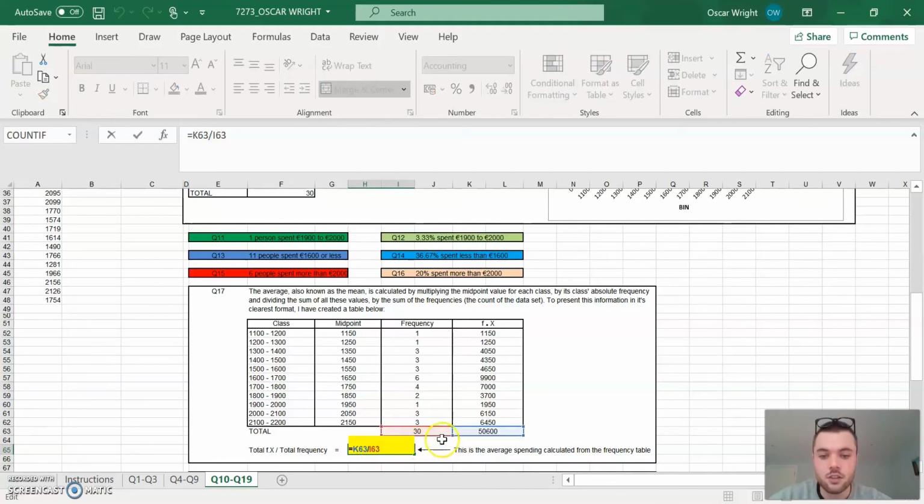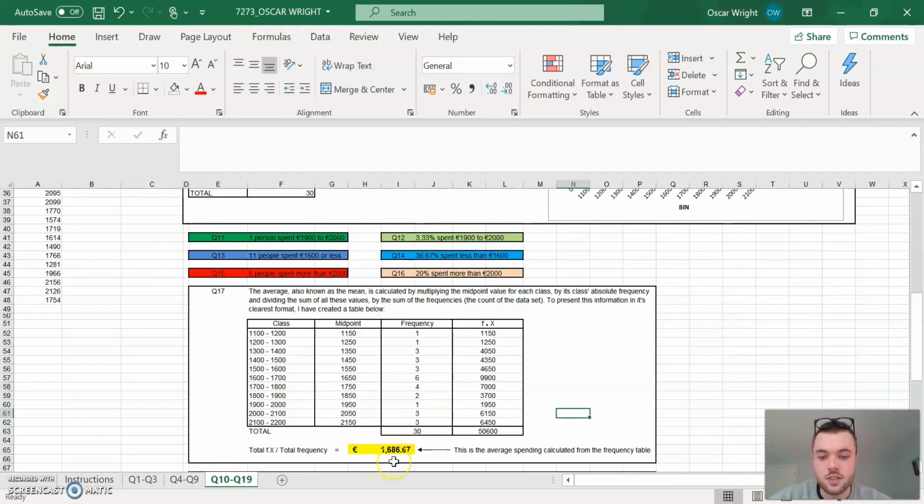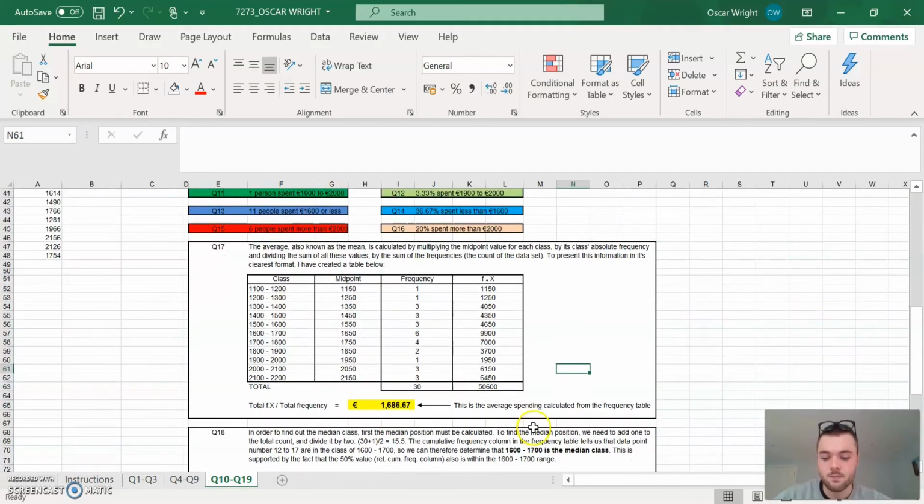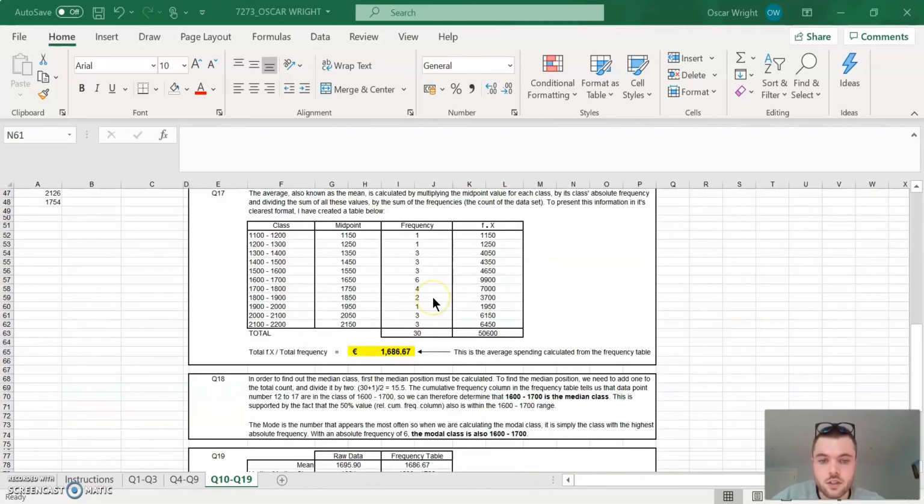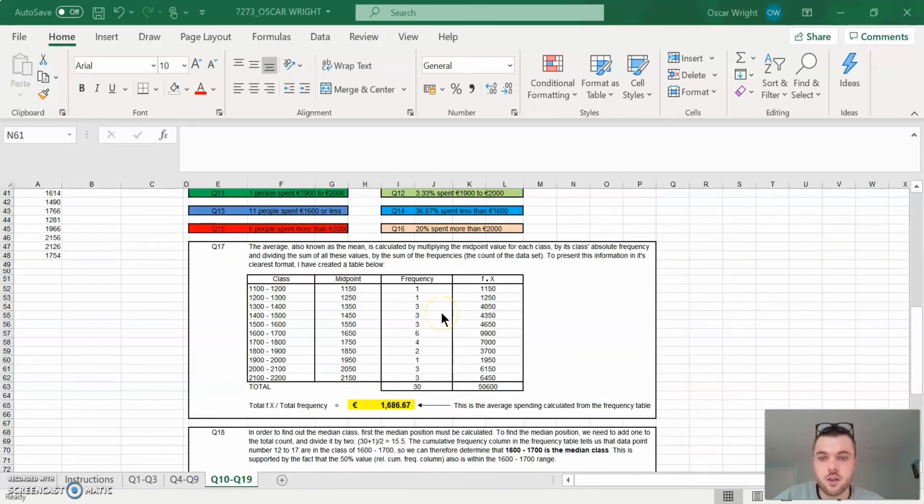The average is the total for the frequency times the midpoint values, divided by the total frequency. And that gives us 1,686.67 euros. So we now know the average, or the mean, for the frequency table.